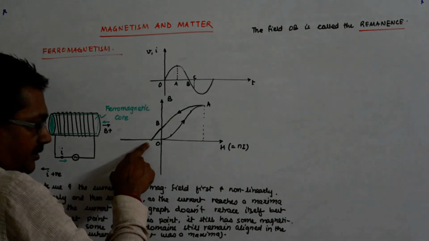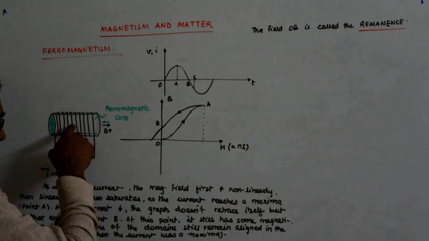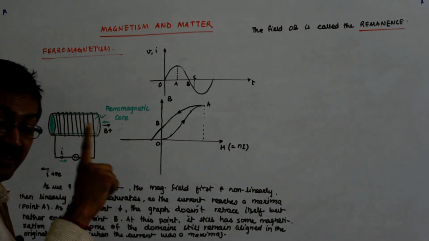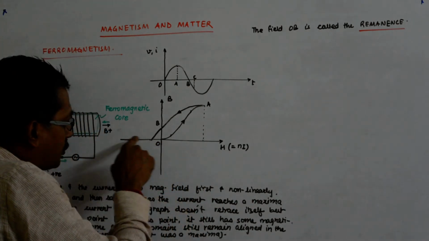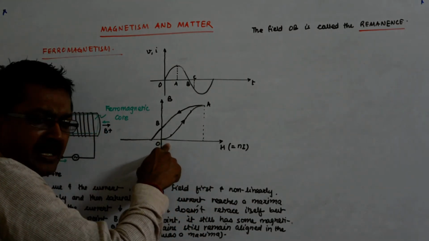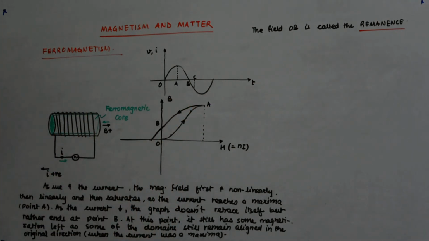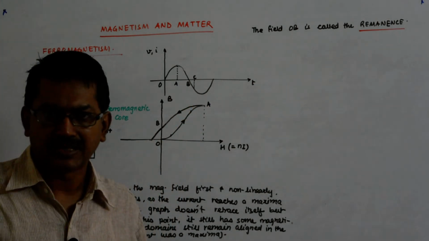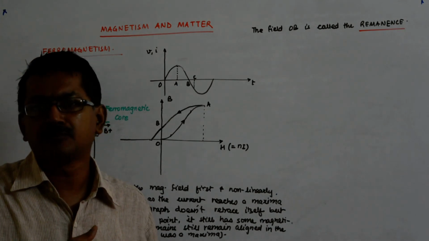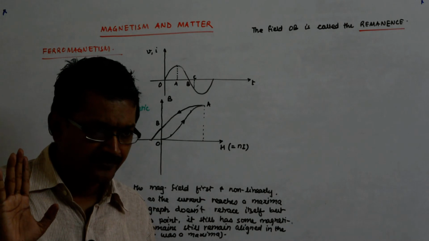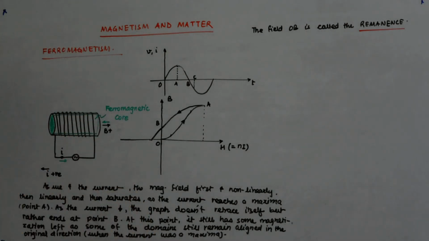That means I have reached here. The magnetic field inside is 0. But see, earlier when we had started, there was no H, and then the magnetization was 0. Now there is a negative H, and then the magnetization is 0. That is the difference. So the material has moved from its original, undisturbed position, right?